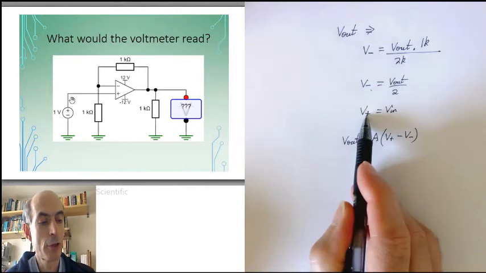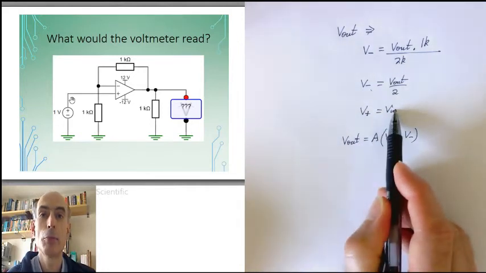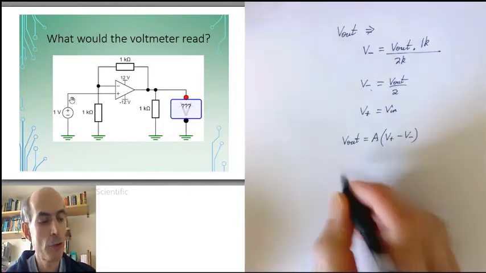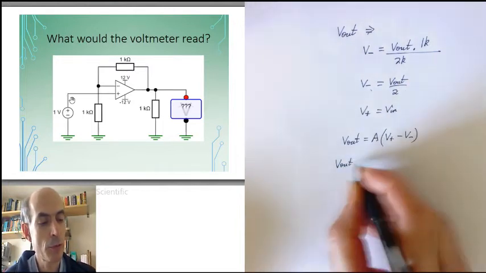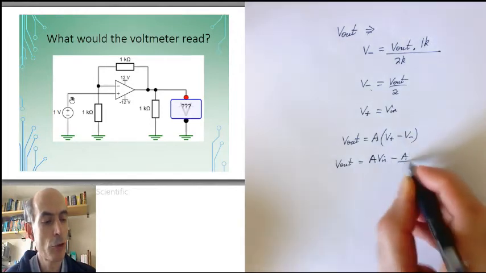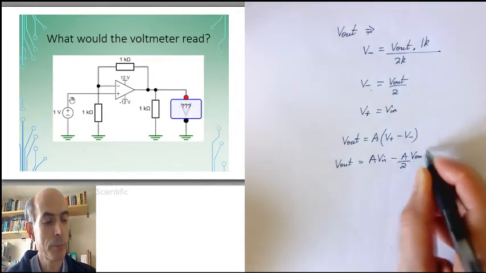If the non-inverting input is our input voltage and the inverting input is half of our output voltage, then this gives Vout equals A times Vin minus A over 2 times Vout.